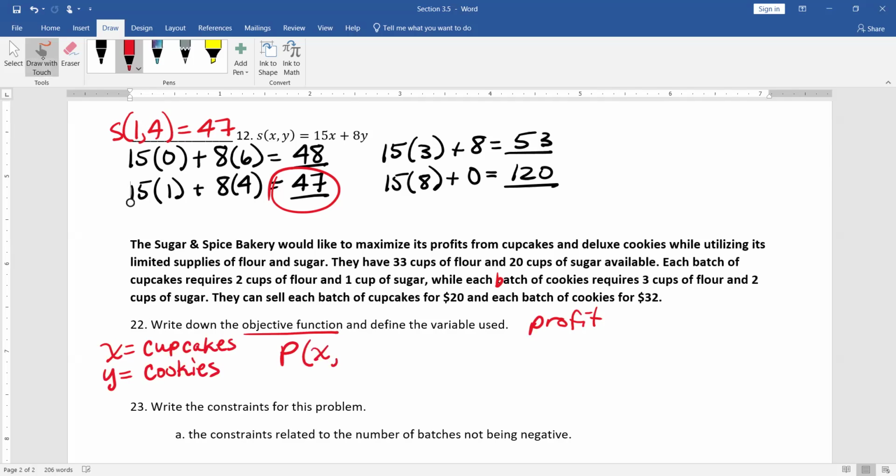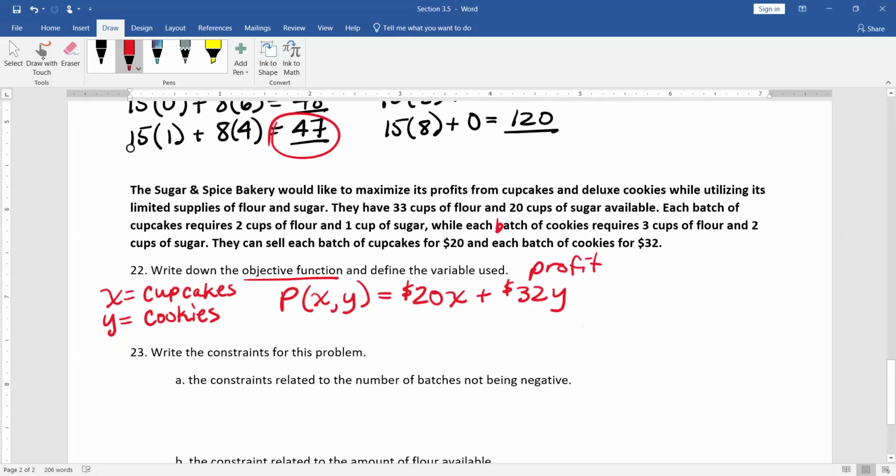Profit of the number of batches of cupcakes sold and cookies sold equals $20 per cupcake batch sold plus $32 per cookie batch sold. That's my objective function. So that's the one where I'm going to plug in how many I should make to maybe get a certain profit.